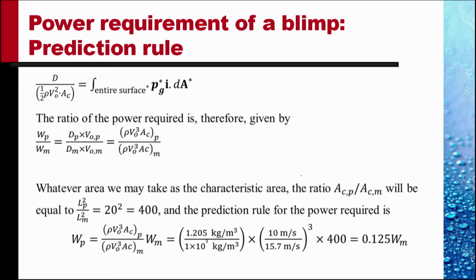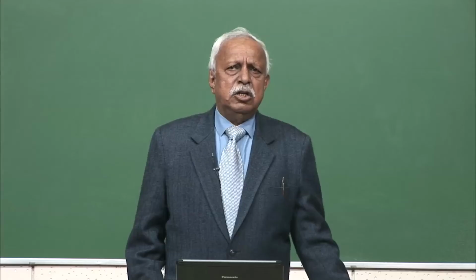And the prediction rule of the power required becomes Wp is equal to rho V naught cube AC P divided by rho V naught cube AC M into Wm. And we plug in the values to get 0.125 Wm.